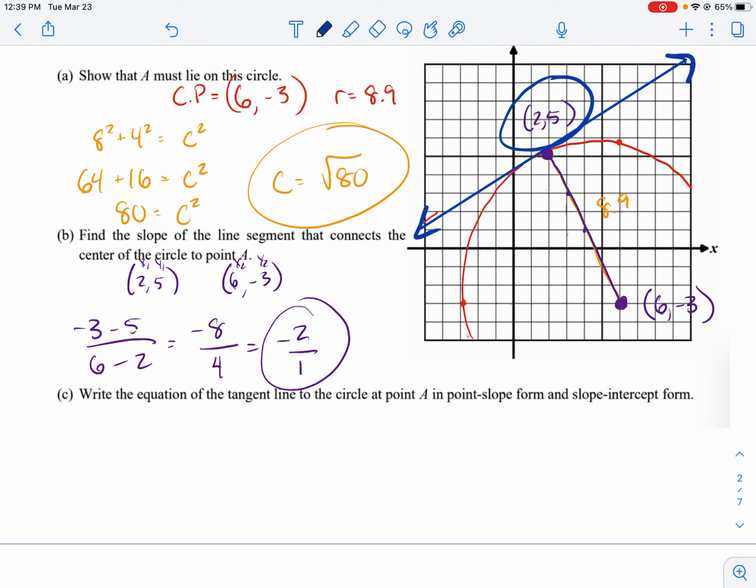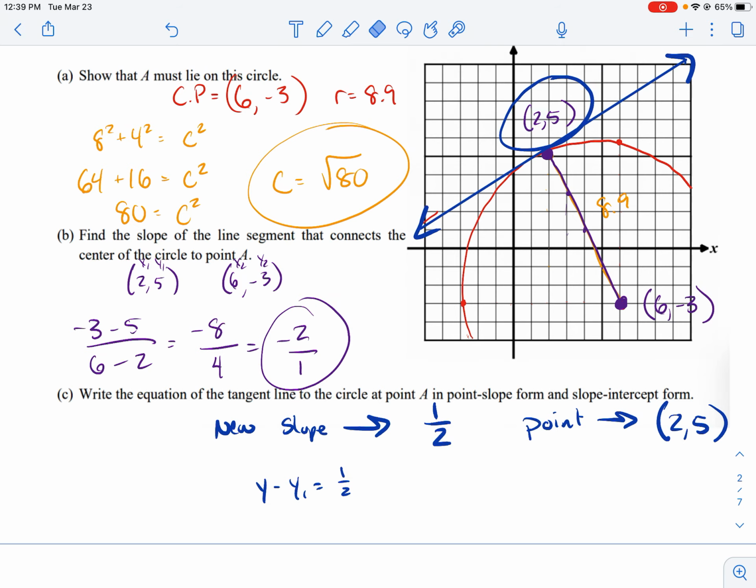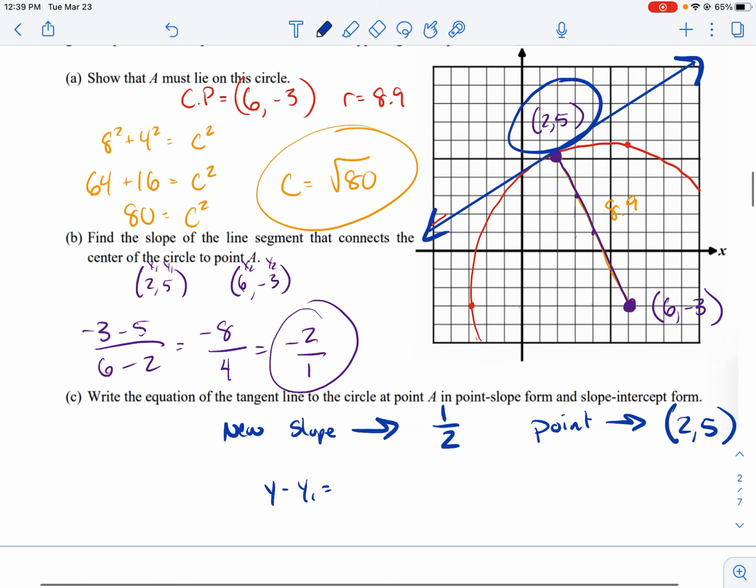Okay, so what do we need? Well, our new slope, right? We're going to need a new slope here. And so the slope of this line that's going to be perpendicular to our radius is going to have to be a positive 1/2. And then our point that we're going through is 2 comma 5. So let's plug it in. So y minus y1 is equal to 1/2, m, x minus x1.